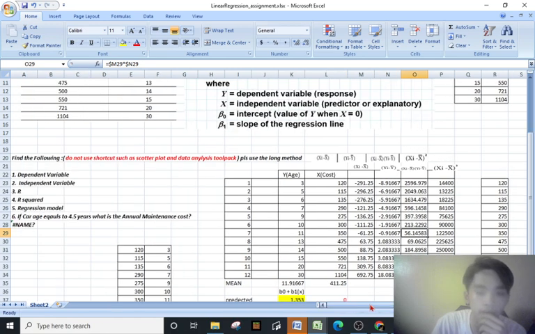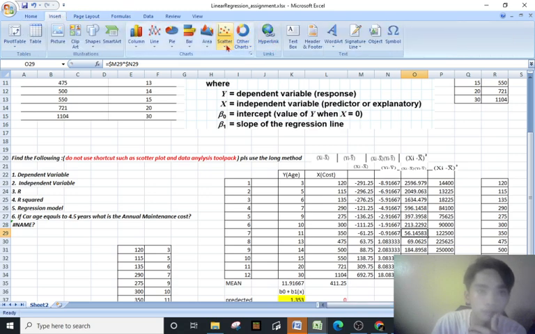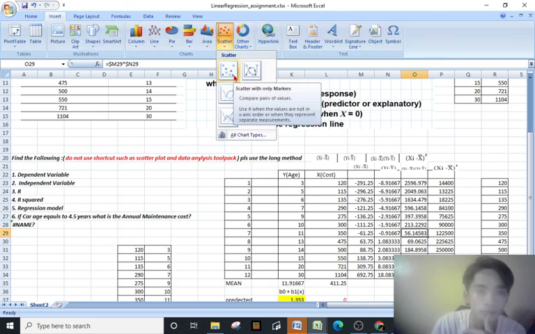I'm going to get the chart here by using the cutter.